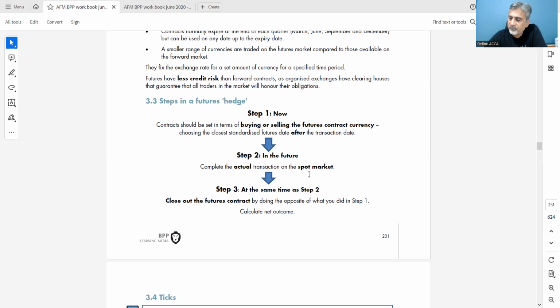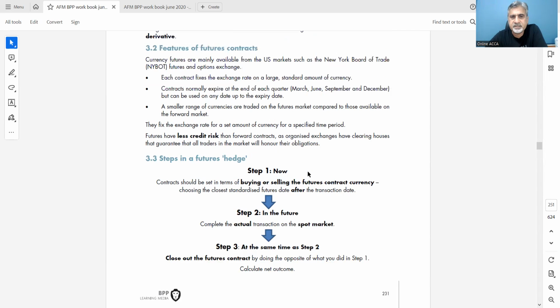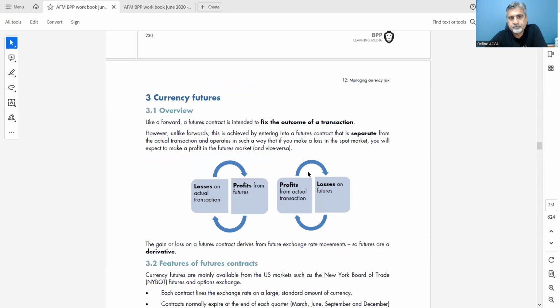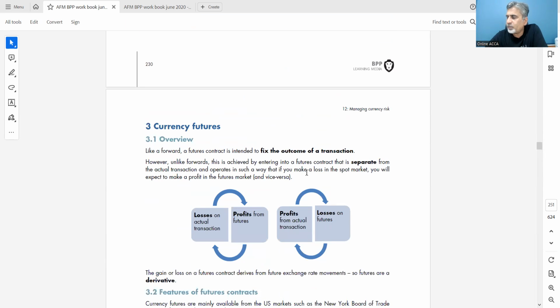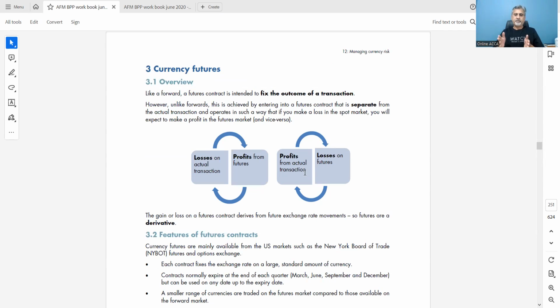Now, very quickly, a forward contract is an executory contract, which means the item you contract for will be delivered and the contract will be executed. It is between only two parties, you and the other party.